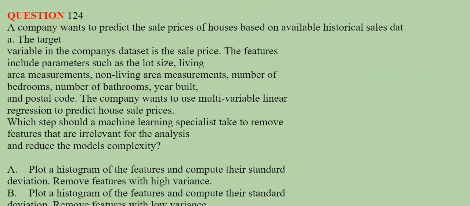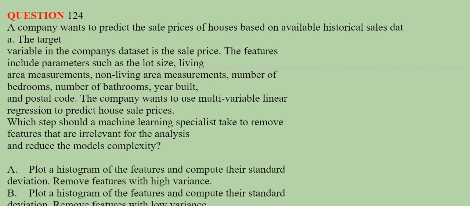Question: A company wants to predict the sales price of houses based on available historical sales data. The target variable in the company's data set is the sale price. The features include parameters such as the lot size, living area measurements, non-living area measurements, number of bedrooms, number of bathrooms, year built, and postal code.